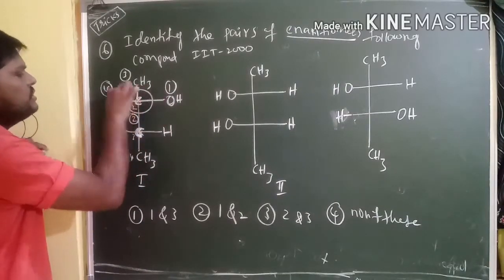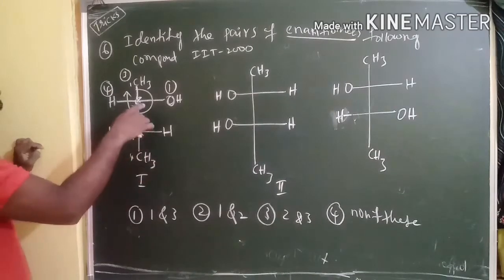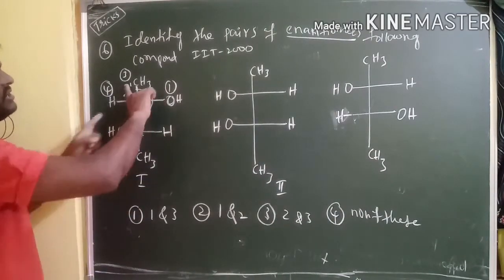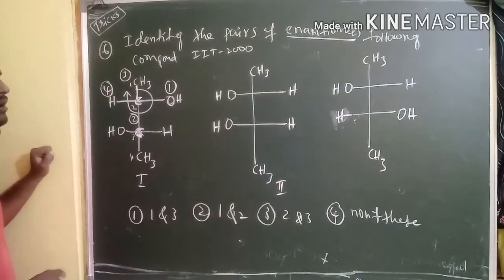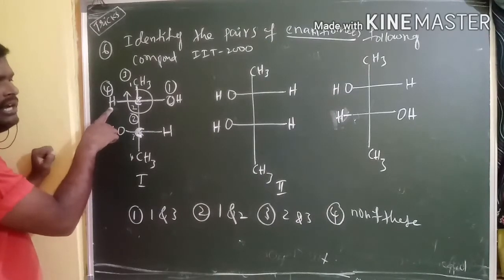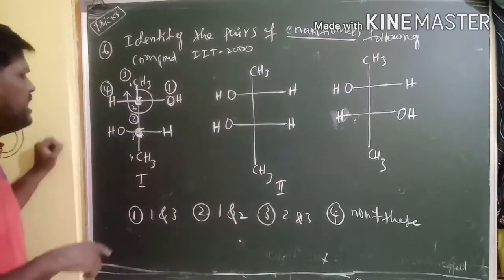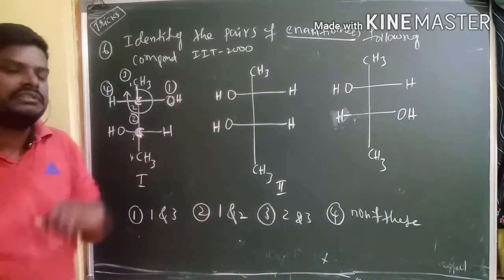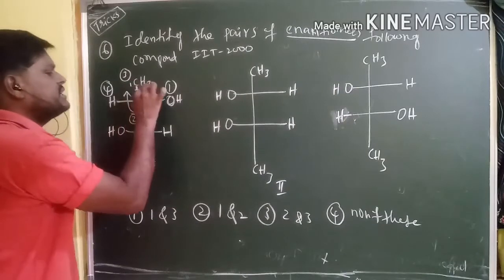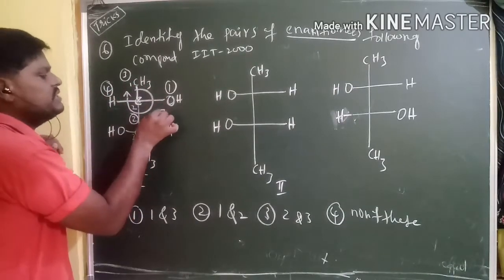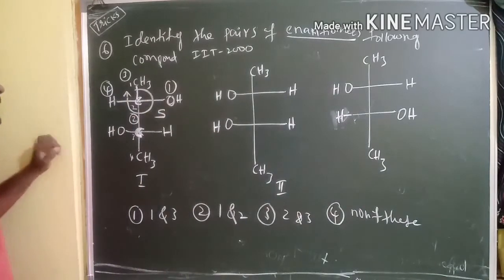This is the direction, and the expected configuration is R because it is clockwise. But here hydrogen is present on the horizontal line. I told you in previous classes, if hydrogen is on the horizontal line, you take the opposite configuration. The expected R becomes S configuration here, right?